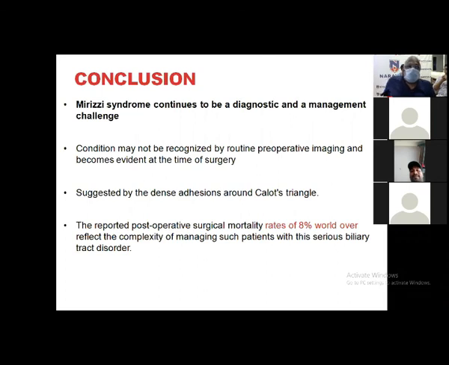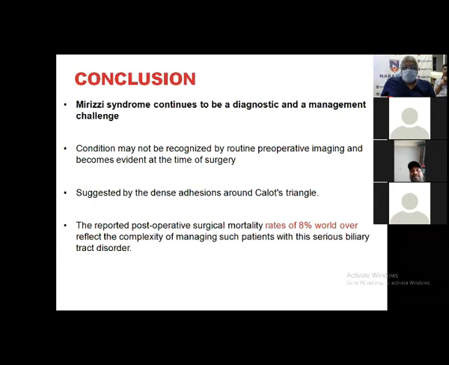Conclusion: Mirizzi syndrome continues to be a diagnostic and management challenge. The condition may not be recognized by routine preoperative imaging and becomes evident at the time of surgery. I differ on this point, because I can make out 95% of Mirizzi by a good correlation of clinical, laboratory and imaging techniques.